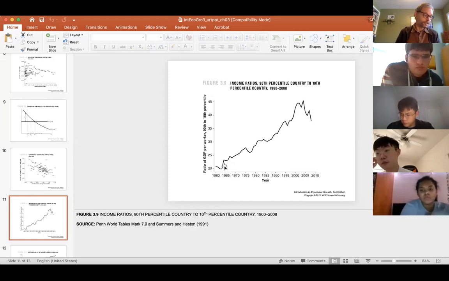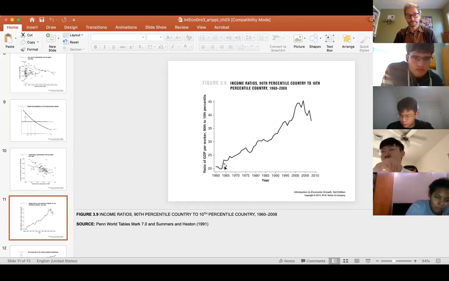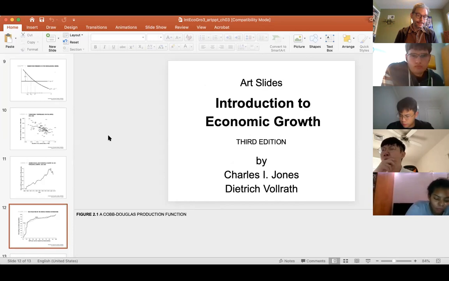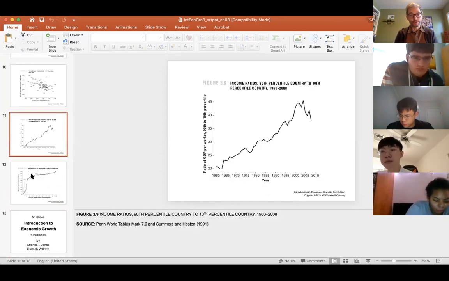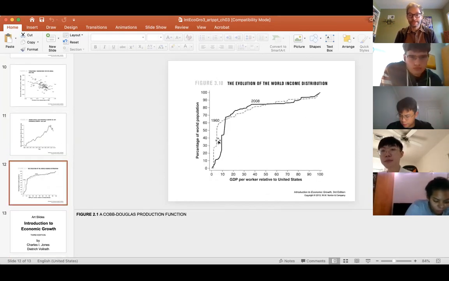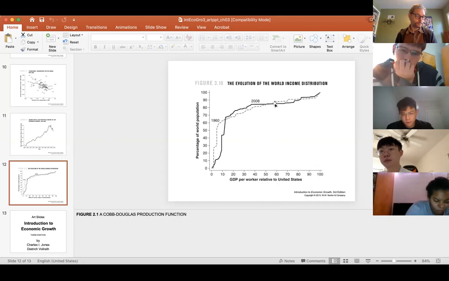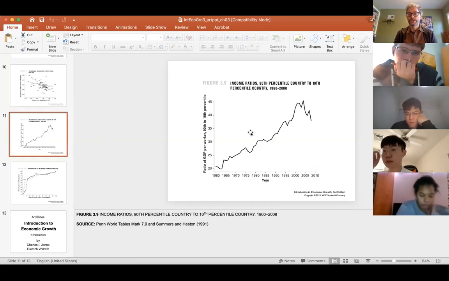The bottom 10% in some sense are catching up with the top 10%. And as we talked about, there's also good news that more of the world is living at higher income levels. But what's the reason for this graph? China and India.